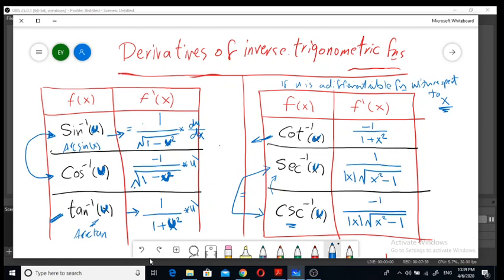And the first derivative of cotan inverse u is the same, but with negative 1 over 1 plus u squared times u prime, or du by dx.